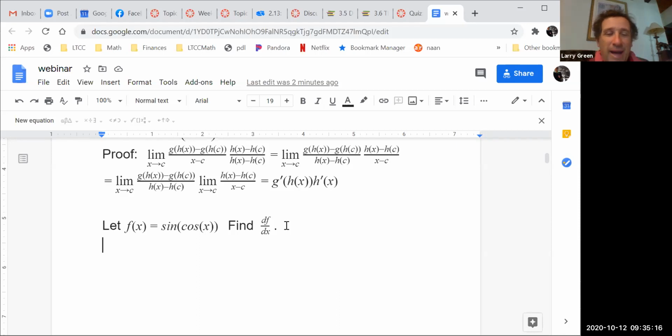Okay, and the hope is everyone can get it. I want to see more than one person try. You should all be trying, by the way, and there's a lot of you here. So put in the chat box when you're done. So what is the derivative of the sine of the cosine of x?